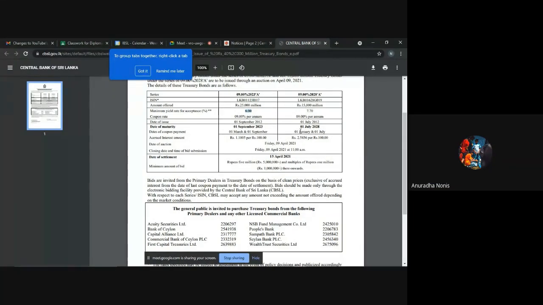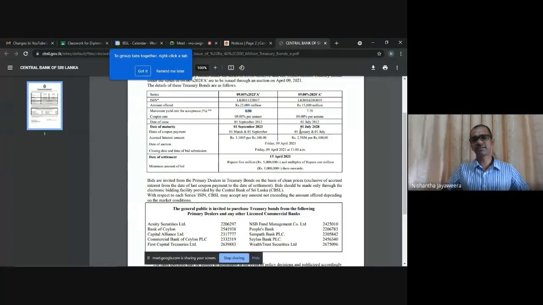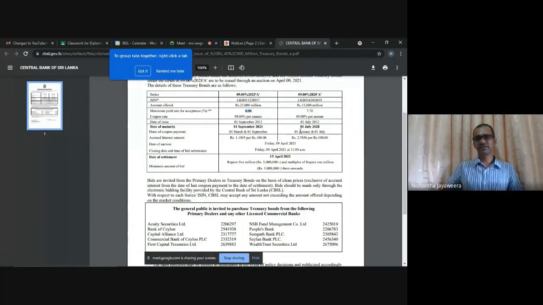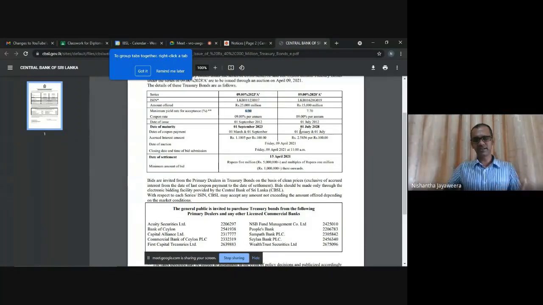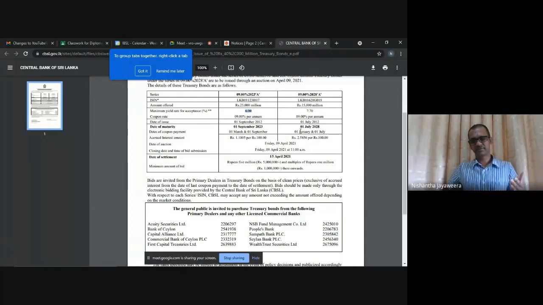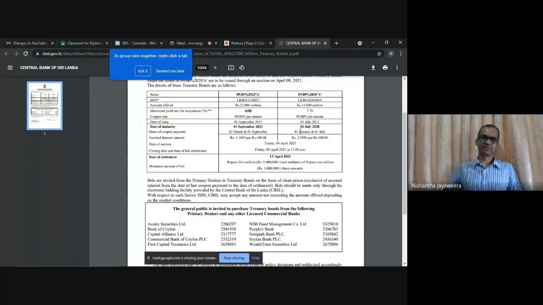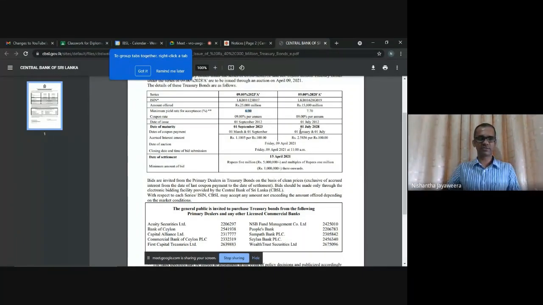Okay, sir. Thank you. You can consider both as the same. Once you enter into a transaction and buy a bond, you buy it at the yield to maturity, which is your required rate of return. If your required rate of return is more than the yield given by a particular bond, you won't do that investment. Say you want to make an investment which gives 10%, then you don't go and buy a 9% bond.